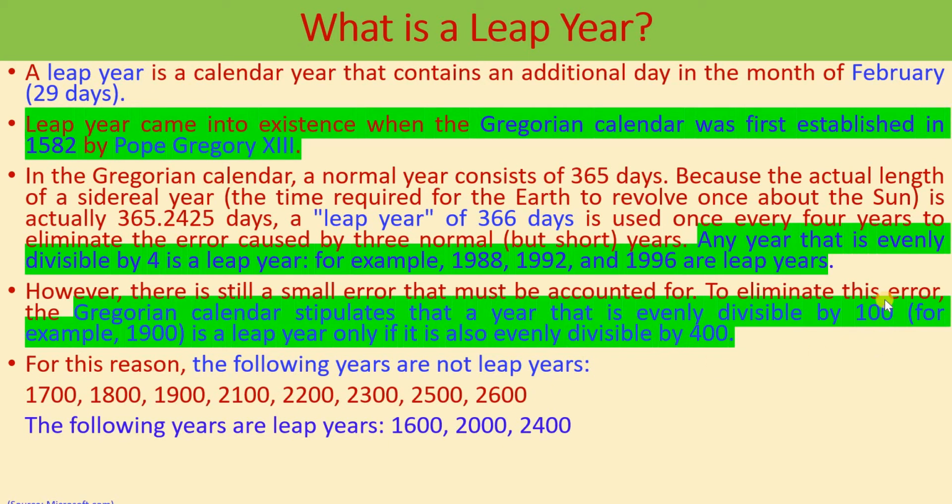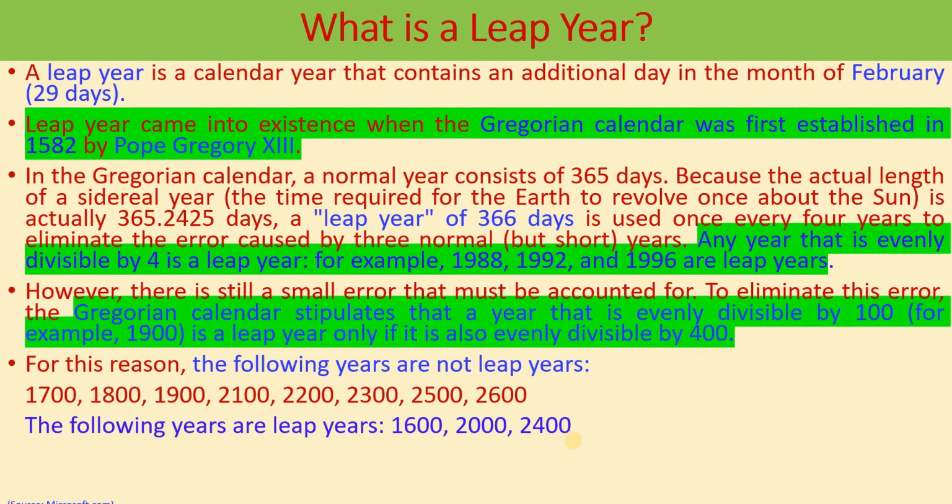So a year divisible by 100 will be divisible by 4. But for a year divisible by 100 to be a leap year, it has to be divisible by 400 also. For this reason, the following years are not leap years: 1700, 1800, all these are divisible by 4. But these are not leap years because they are not divisible by 400. The following years are leap years: 1600, 2000, 2400 are examples.